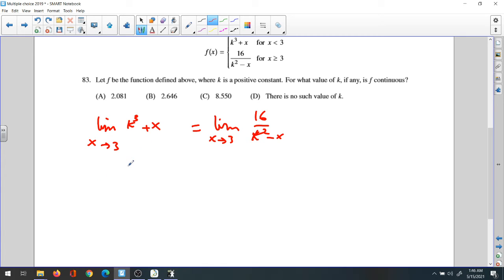So here is k to the third plus 3. The value of x is 3 now, we substitute for 3. It must equal 16 over k squared minus 3.